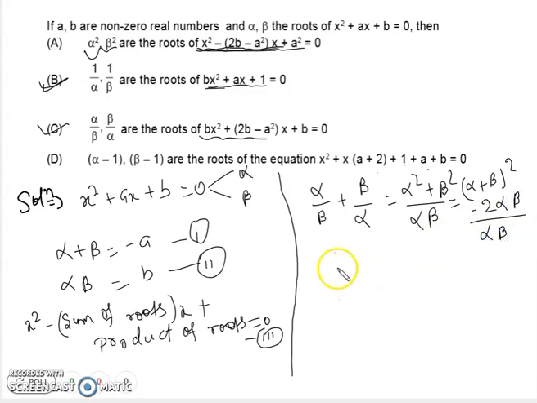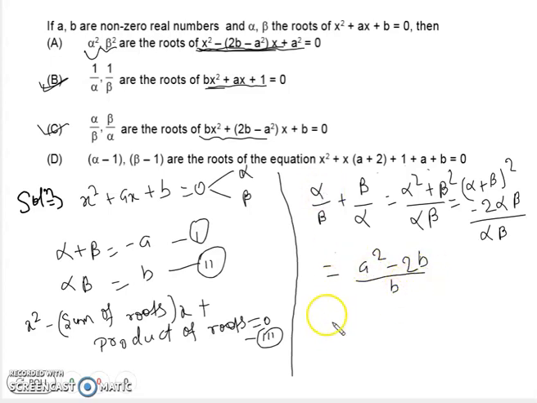Alpha plus beta whole square is minus a whole square, which equals a square. What is the value of alpha beta from equation second? It is b. So we get a square minus 2b, divided by b.